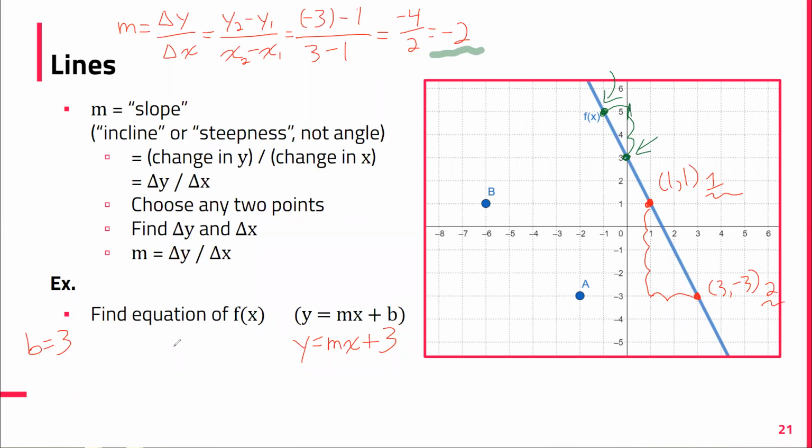So our full equation of this line, y equals -2x plus 3. So -2 is the slope, and +3 is our y-intercept. All right, that is the equation. Again, most people were okay with this part.